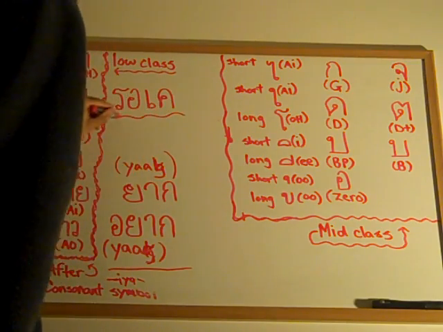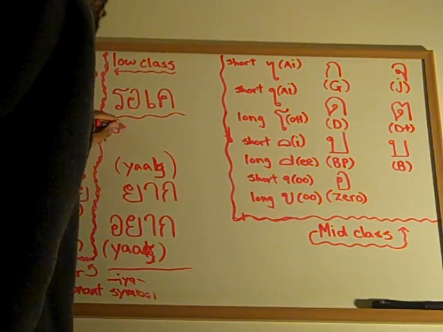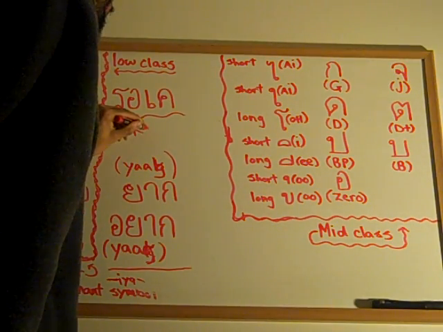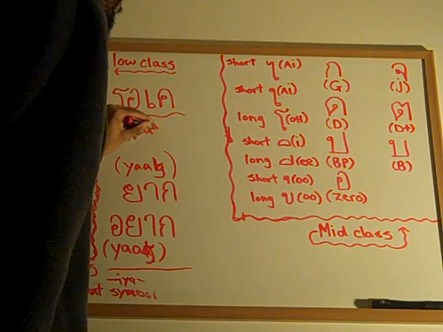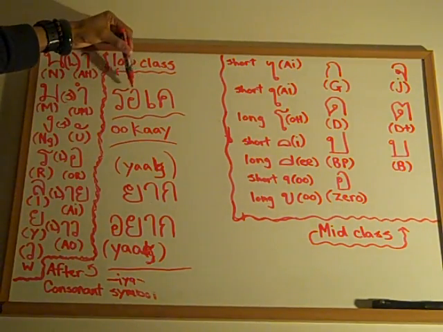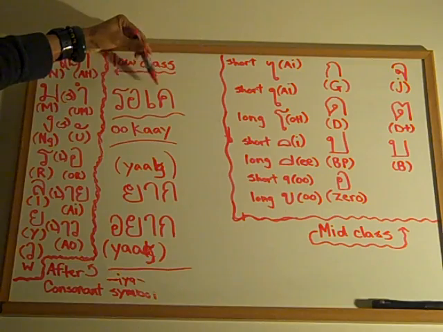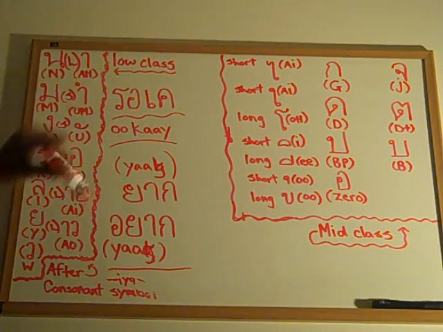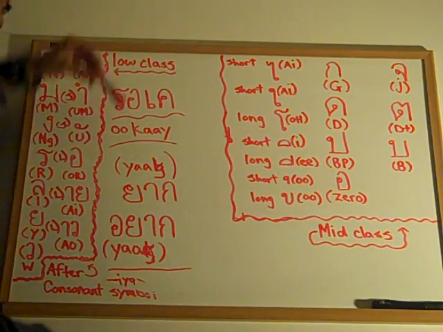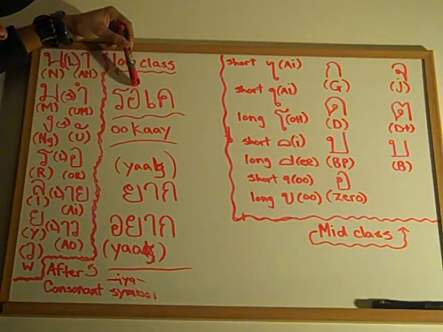Okay, this one here. Okay, this says "okay." So, this is a weird spelling here. Now here, it's going to take the O sound. This is not a 0. Okay, so this is O.